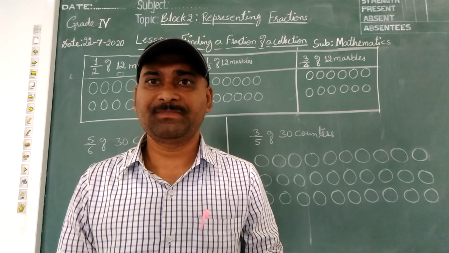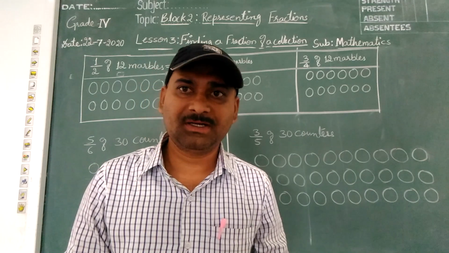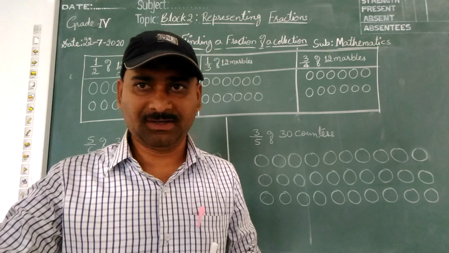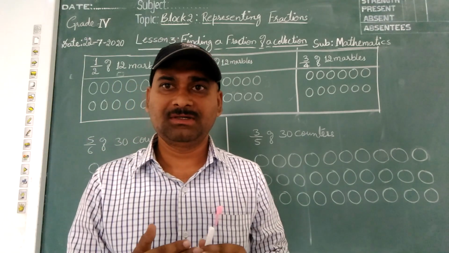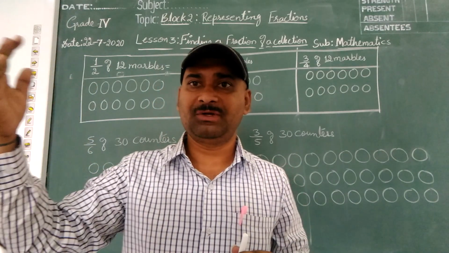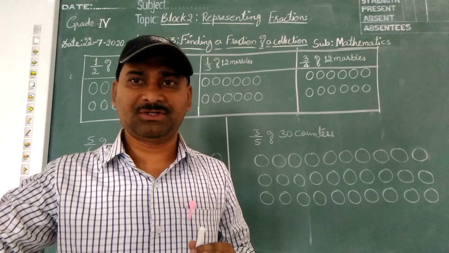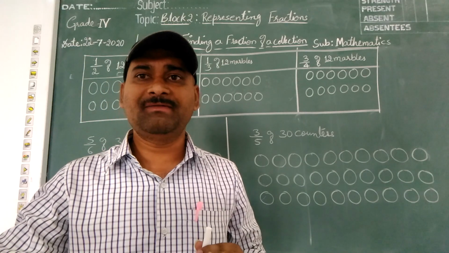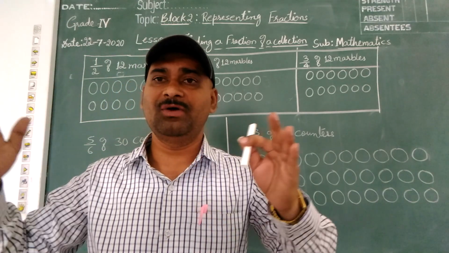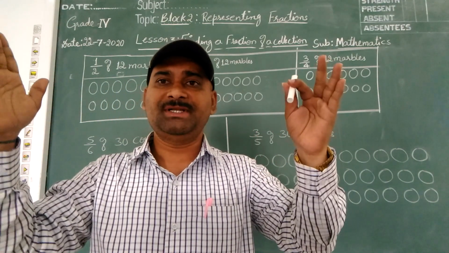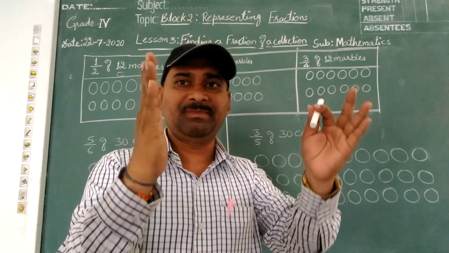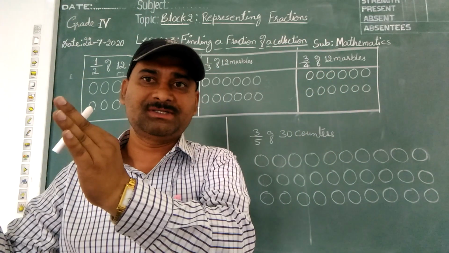If I have given half of the pencils out of 10, how many have I given? You know very well that half means dividing the whole into 2 parts. So 10 pencils divide into 2 parts, 5 pencils and 5 pencils.